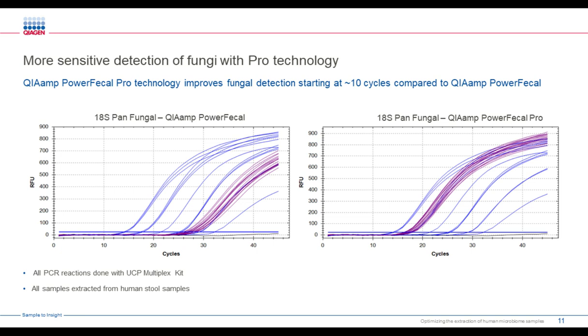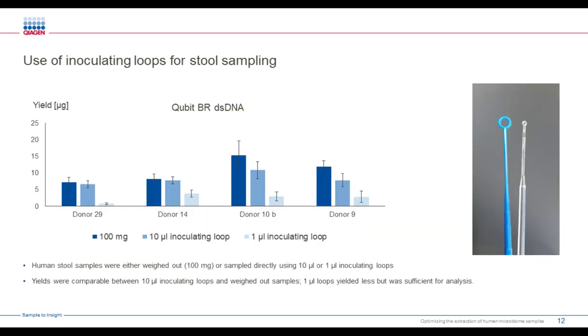So with the legacy kit, we're getting a CT in the high 20s. And then with the Pro chemistry, we're getting a CT in the high teens. In both cases, it's the exact same sample being used, which means that the Pro chemistry is able to improve our detection by approximately 10 cycles compared to the legacy PowerFecal, thereby really dramatically improving sensitivity of fungal detection.